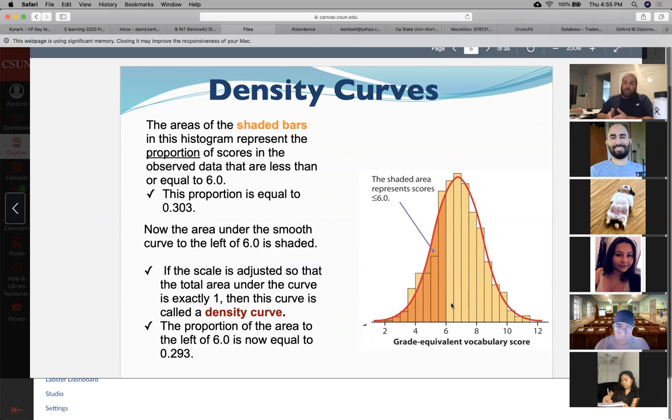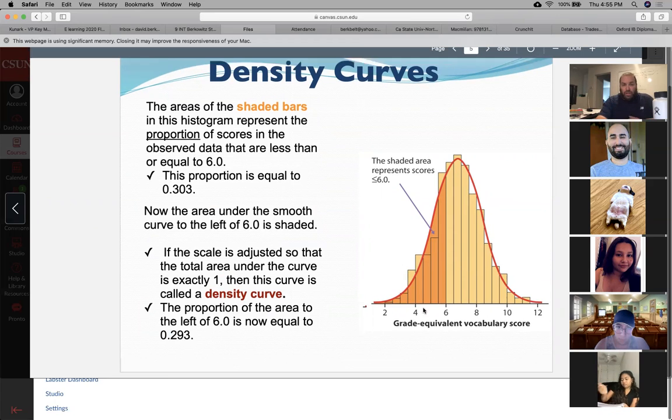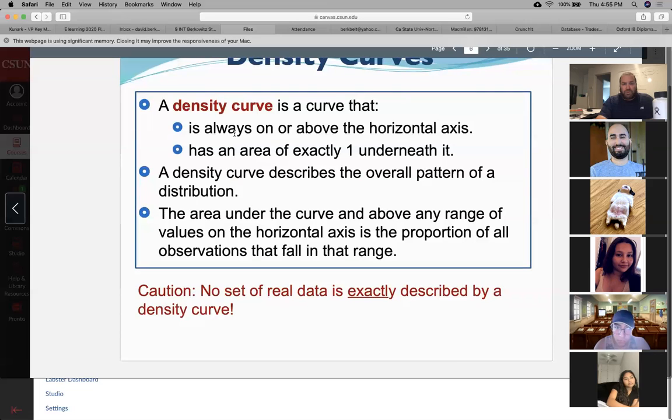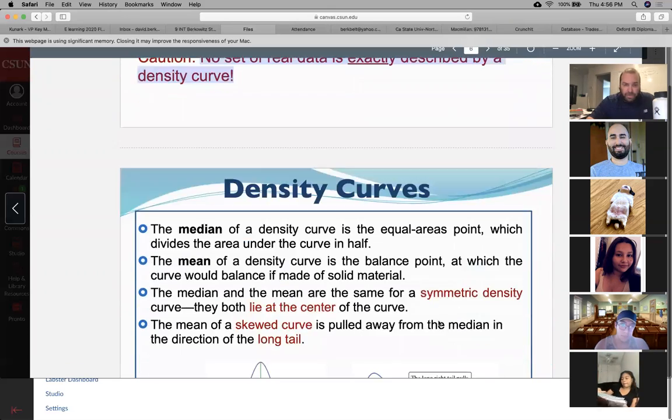Different density curves apply to different situations. But here are the keys: always on or above the x-axis and has an area of 1. It describes the overall pattern. No set of real data is exactly described by a density curve, but it's close enough for you to do actual calculations with.